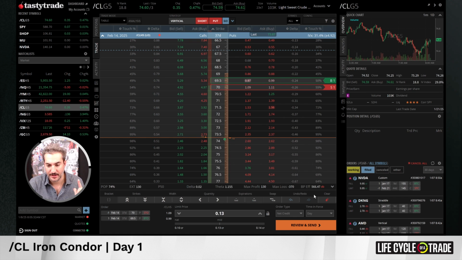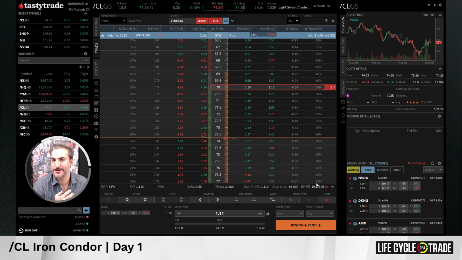Now, the other thing you have to keep in mind is that your risk here is more dynamic. You get SPAN margin with futures contracts. So when you're trading futures, the capital that you put up front is going to be significantly less than what you would see on a short put in an equity option.